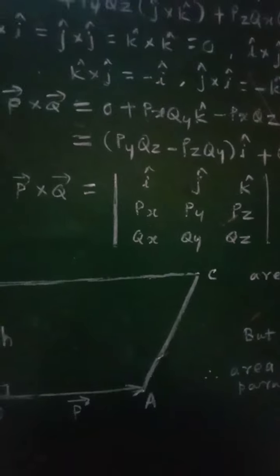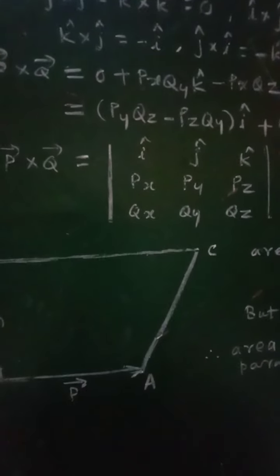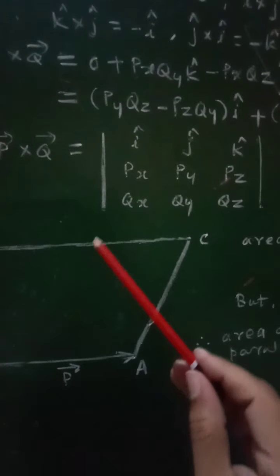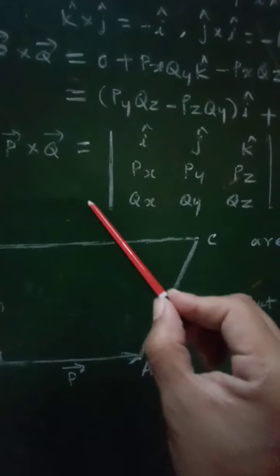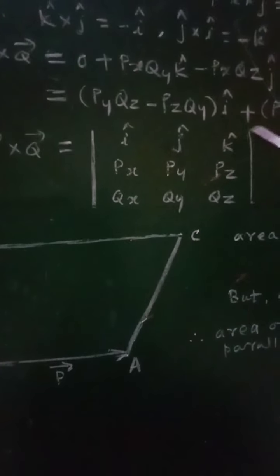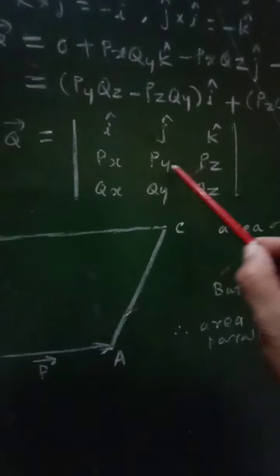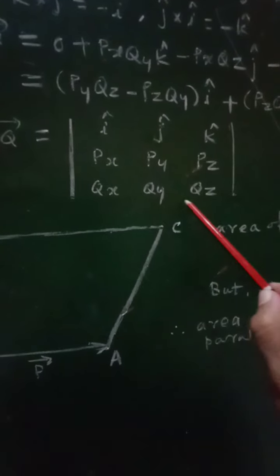Now in the form of determinant, the vector product itself will be given as follows. Vector P cross vector Q will be written as the determinant with rows i, j, k; Px, Py, Pz; Qx, Qy, Qz.